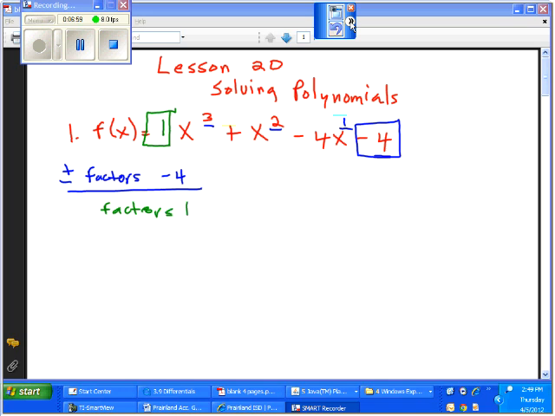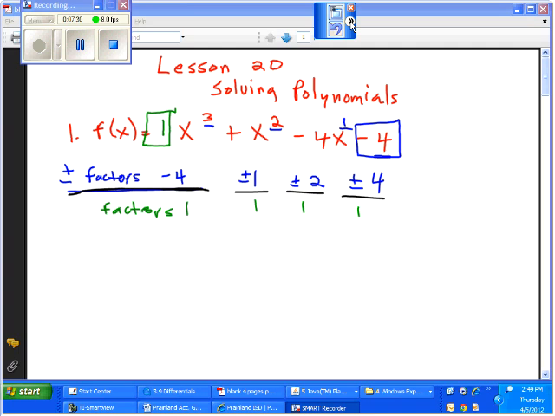So we'll think, well, what are the factors of 4? The factors of 4 are 1 times 4 and 2 times 2. So we're going to have plus or minus 1, plus or minus 2, plus or minus 4 over the factors of that leading coefficient 1.